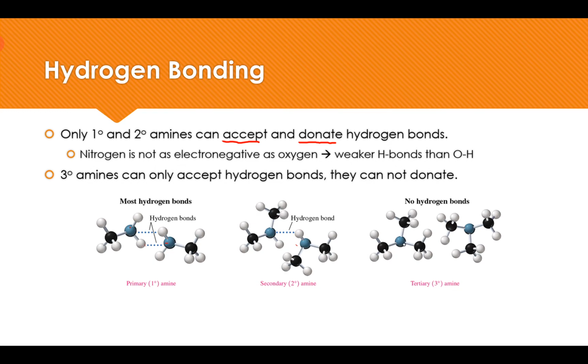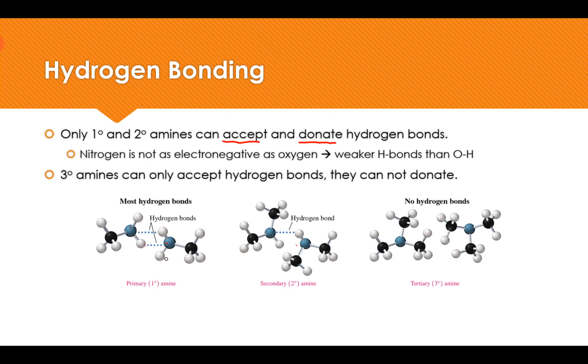They do still have the lone pair, and so if they were mixed with a molecule that can serve as a donor for hydrogen bonding, then they would be able to accept a hydrogen bond with that other substance. But in a pure substance like this, there is no such hydrogen bonding.